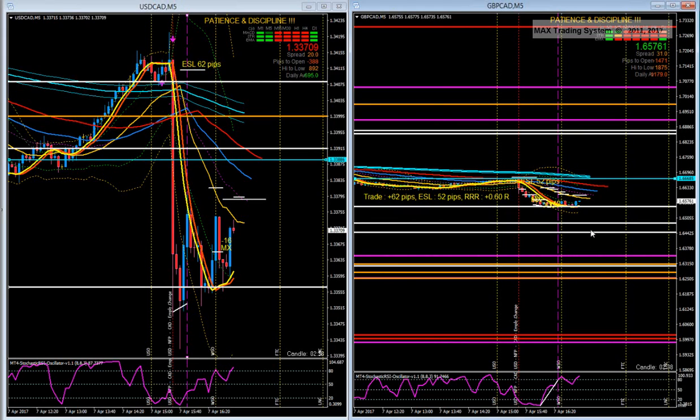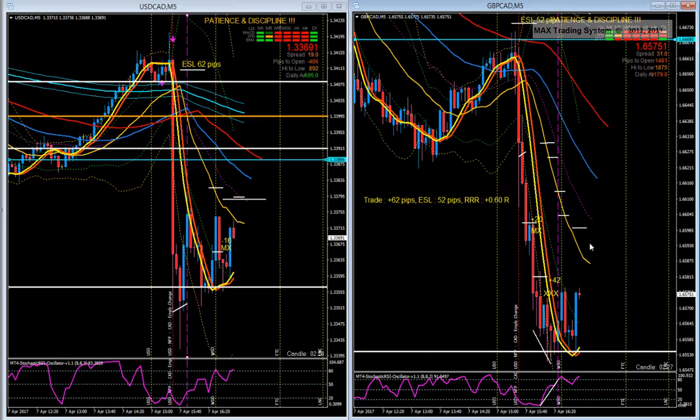I associate a color to each time frame, but one time frame is not more relevant than another. It simply helps me to better pinpoint where a level is located.